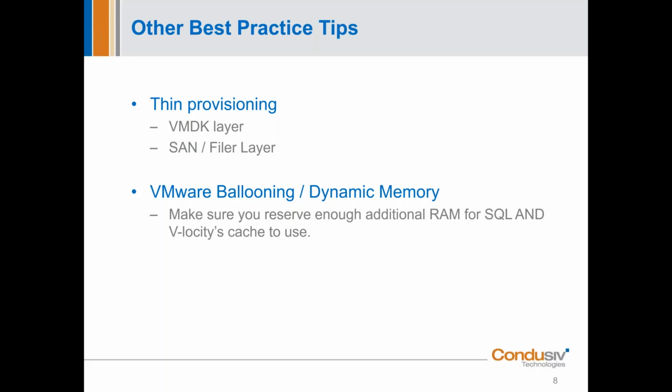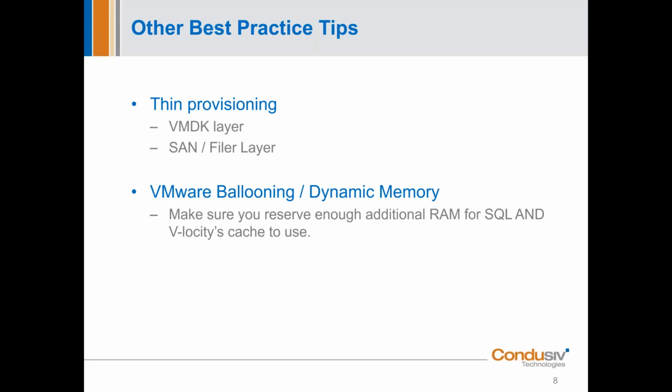If you're thin provisioning down at the storage layer, it can also send SCSI unmap commands down to the storage controller to notify it of blocks that are no longer needed. That works very well with vvols in VMware as well.